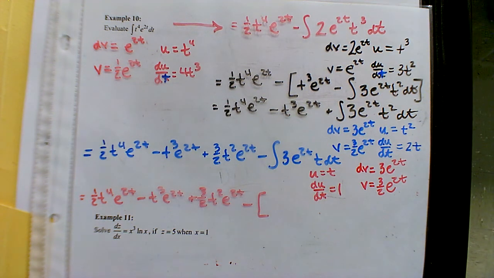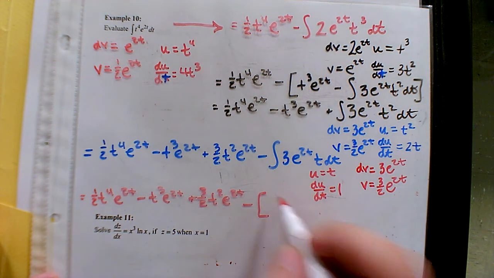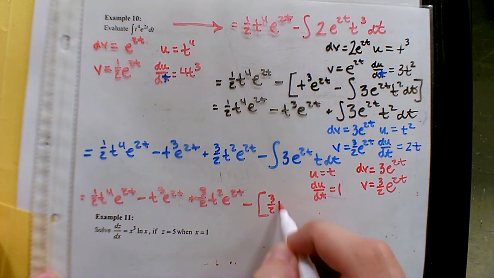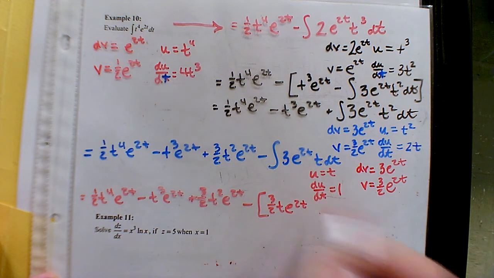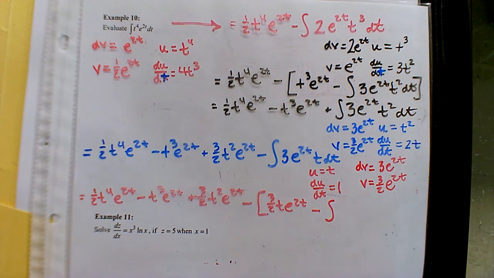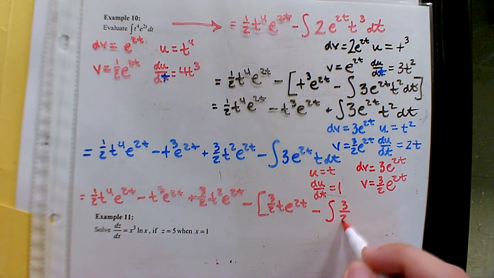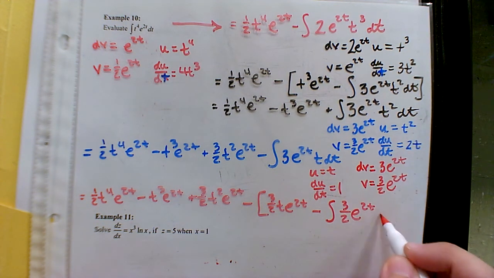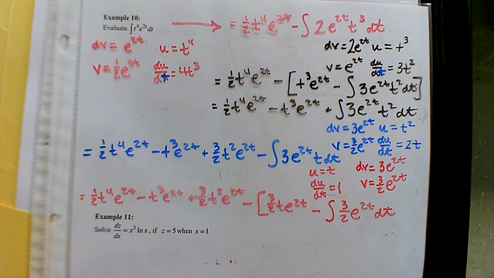So in this new by parts, we have u times v minus the integral of v du. And notice how du is just dt.